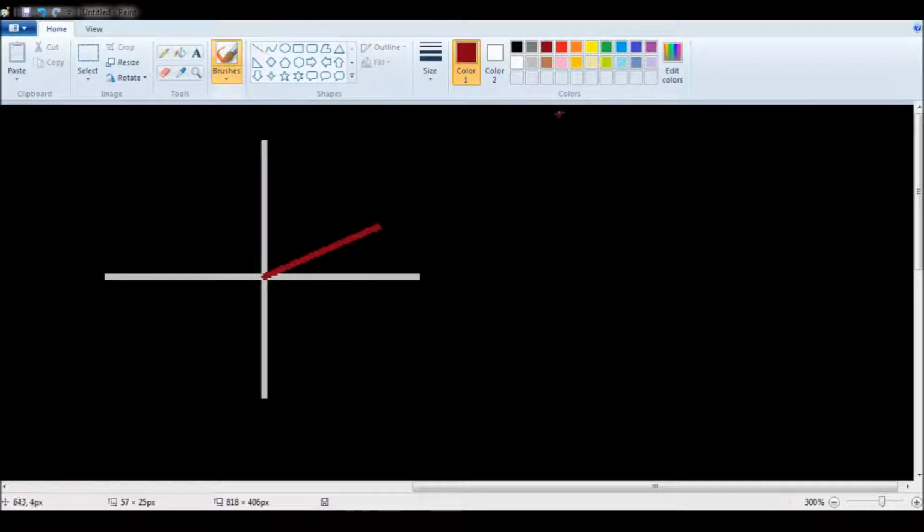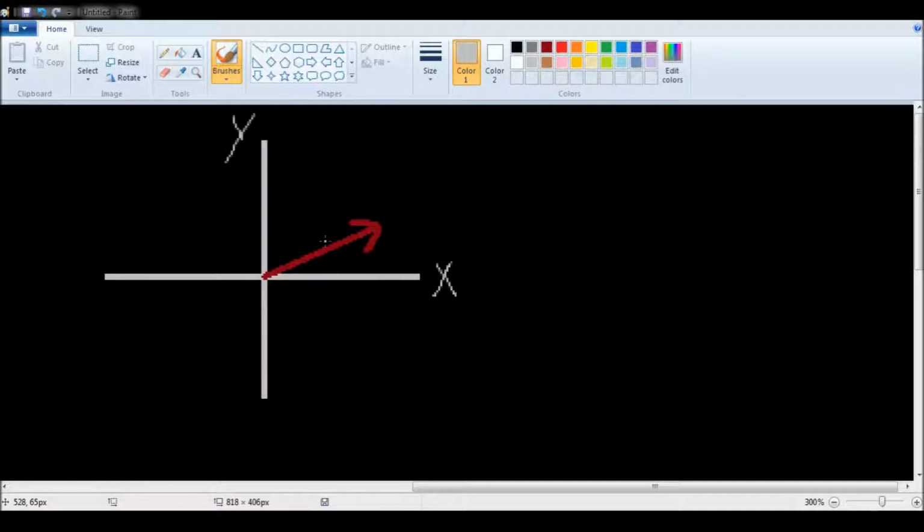Now I'm not going to guarantee that this is absolutely perfectly accurate. It probably isn't. But it's very clearly longer, pointing more in the x direction than it is in the y direction. And that's what I want. So let's call this x and call this y.